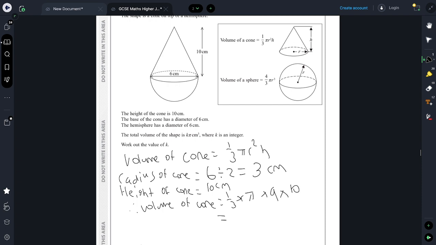Now you should spot the 9 cancels with the 3 here, so you're left with 3 times pi times 10, which is 30 pi. And you should leave it as pi because here, it's in the form k pi.